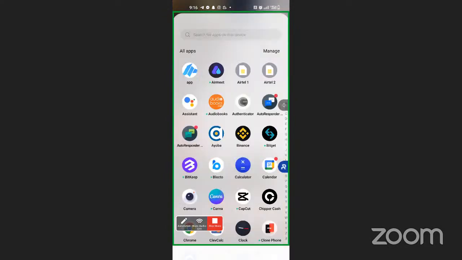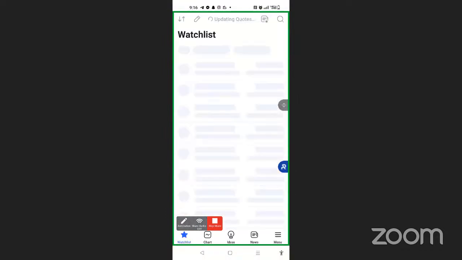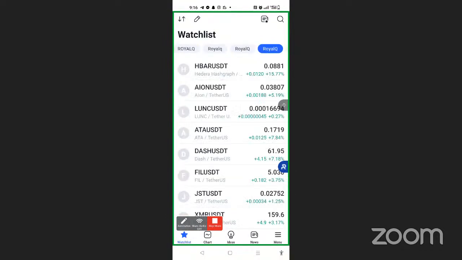I'm going to our TradingView. Okay, I think now we are good to go. So this is our TradingView.